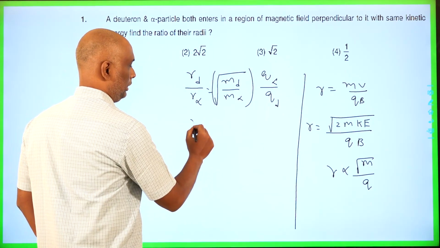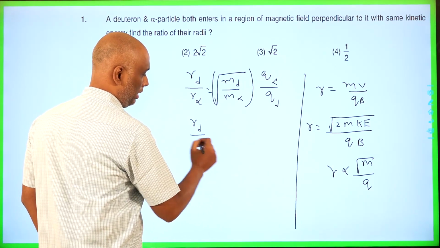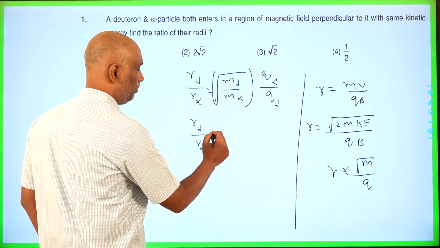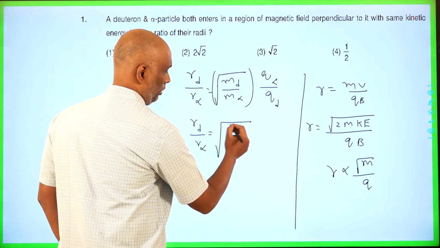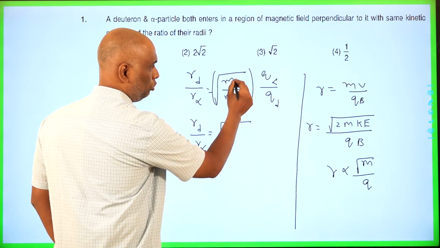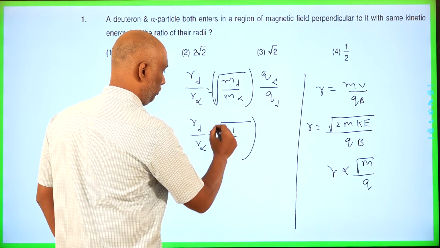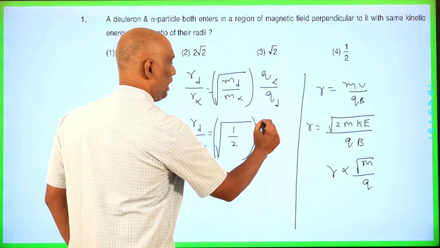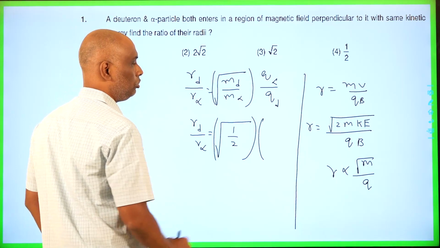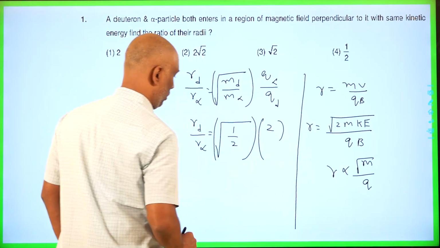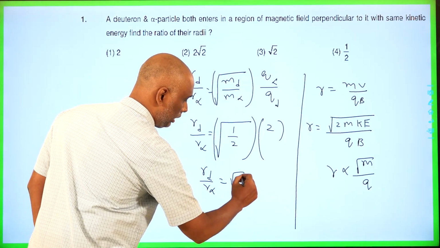From this equation, the mass of the alpha particle is 2 times the mass of the deuteron, so this ratio becomes under root of 1 divided by 2, and the charge of the alpha particle is twice the charge of the deuteron, into 2. So, Rd divided by R alpha becomes equal to root 2.